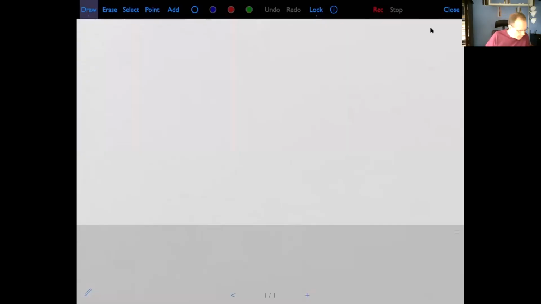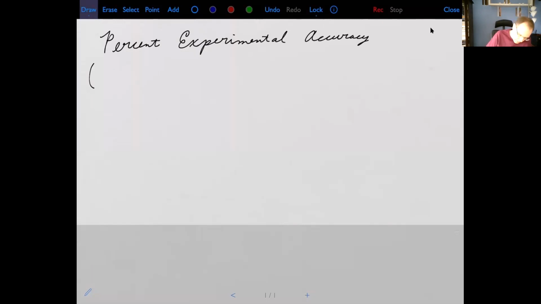Okay, so let's start with percent experimental accuracy. And remember, this is also called the relative average absolute deviation.